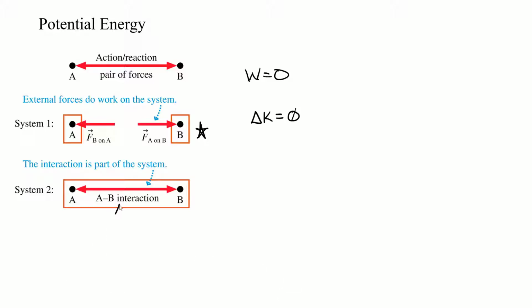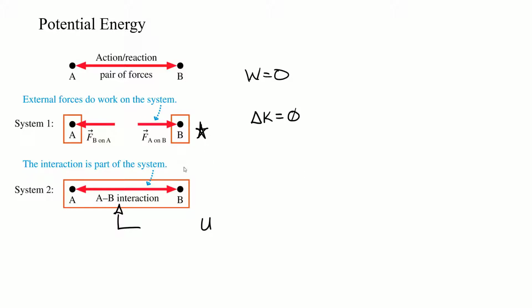This interaction inside our system stores energy. There is an energy associated with that interaction, and we call that interaction the potential energy. And we're going to use the variable U to describe that potential energy.